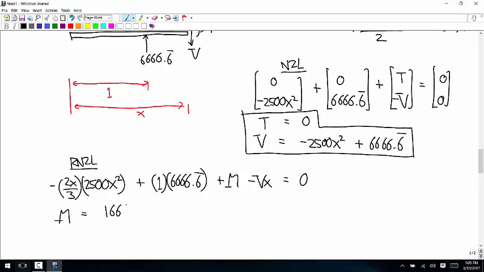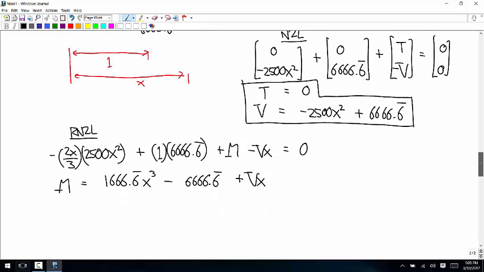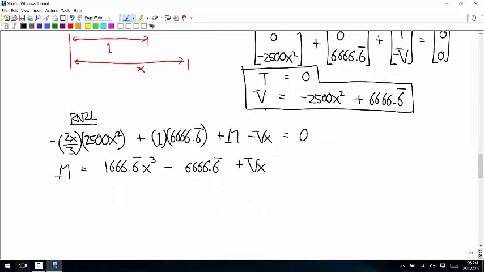So M is equal to positive 1666.6 repeating x cubed minus 6666.6 repeating plus Vx. And now substitute V in.